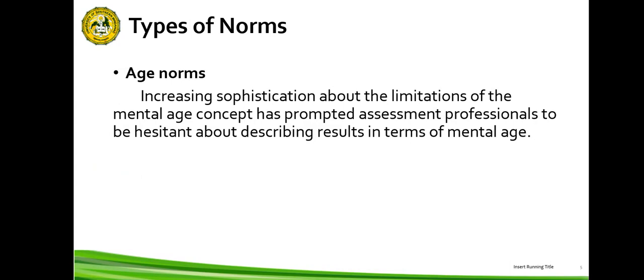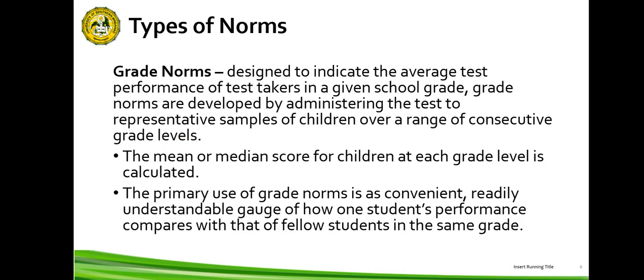Okay? Moving on to the grade norms. Grade norms are designed to indicate the average test performance of test takers in a given school grade. Grade norms are developed by administering the test to representative samples of children over a range of consecutive grade levels, such as first through sixth grade, or grade 1 to grade 6.